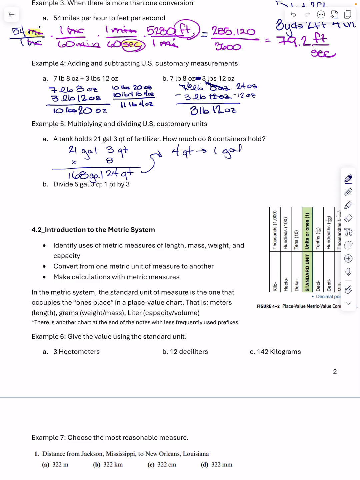So if I have 24 quarts, again, I'm using this conversion ratio. Cancel the quarts. 24 over 4, that's 6 gallons. So this becomes 168 gallons plus 6 gallons. I apologize, I did not leave enough room at all. 174 gallons.